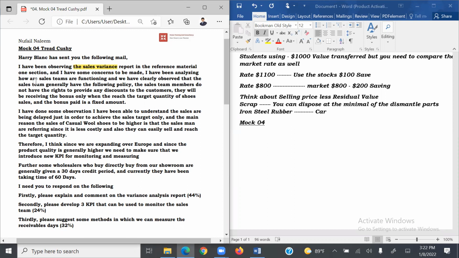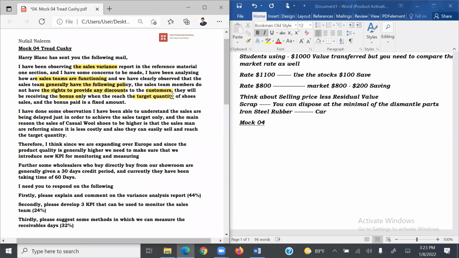I have been analyzing how the sales team is functioning, and we have clearly observed that the sales team have the following policy. The sales team members do not have the right to provide any discounts to the customers. So in the showrooms, you can't give customers any discount and the prices are stable. They will receive a bonus only when they reach the target quantity.